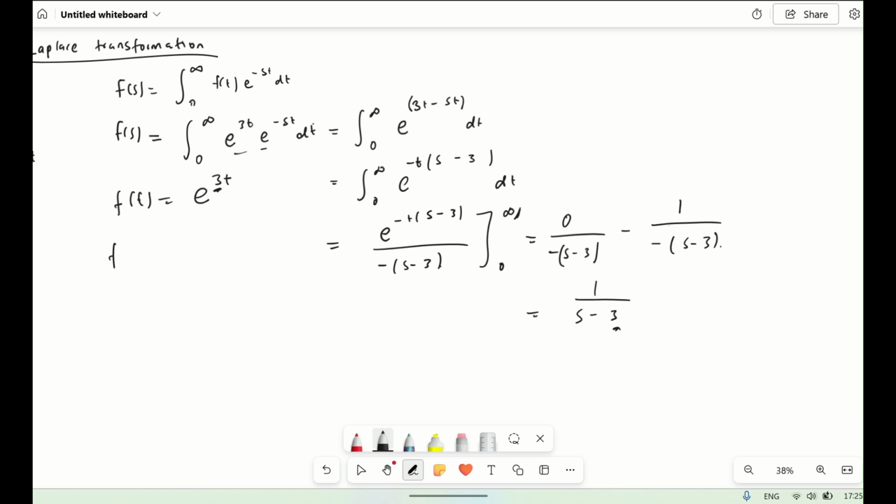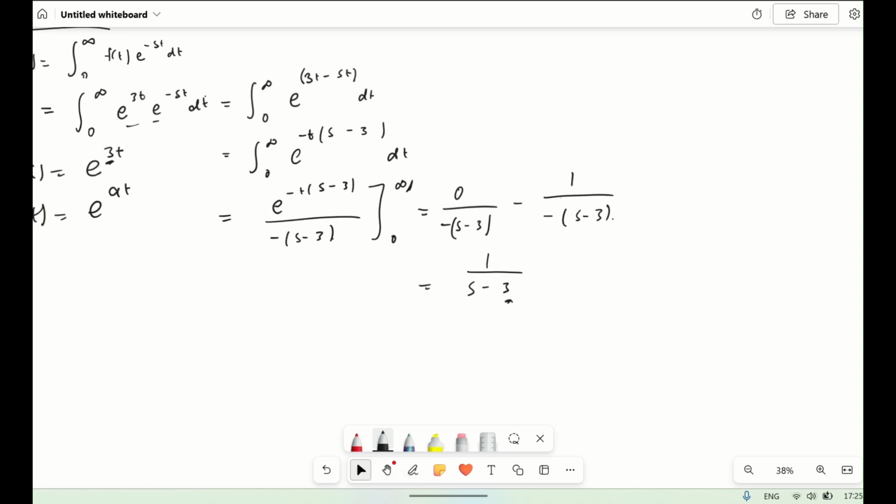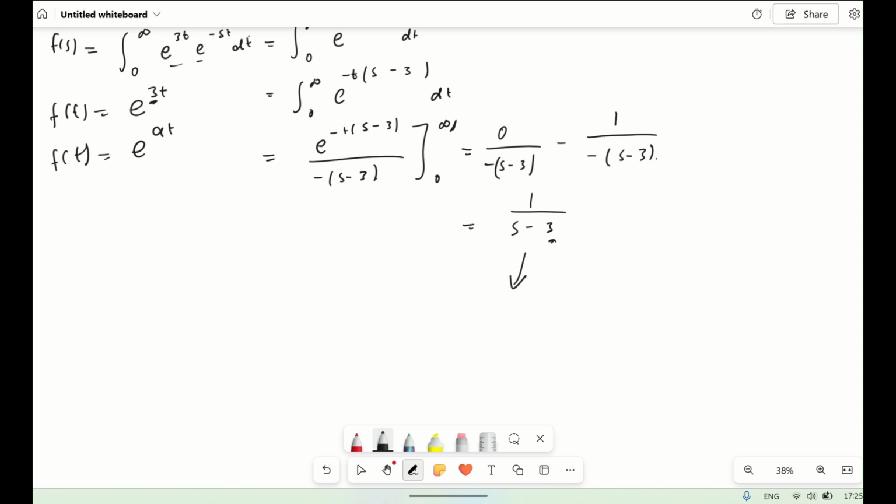So if ever our f of t is equal to e to the at, then that means our general formula is going to be 1 over s minus a.